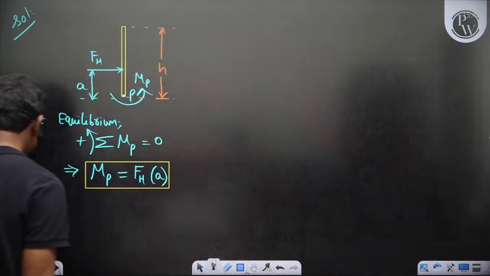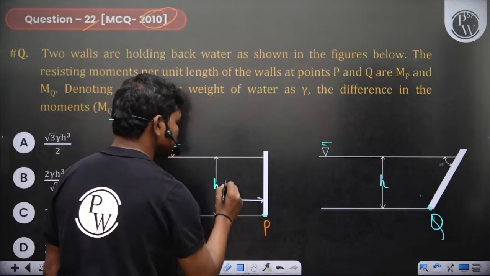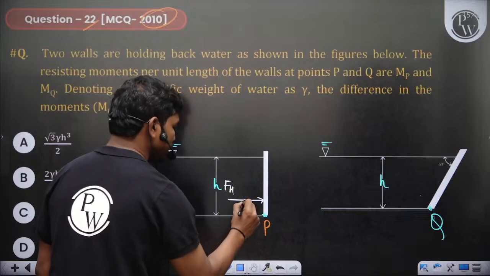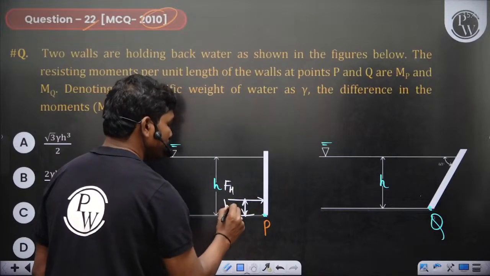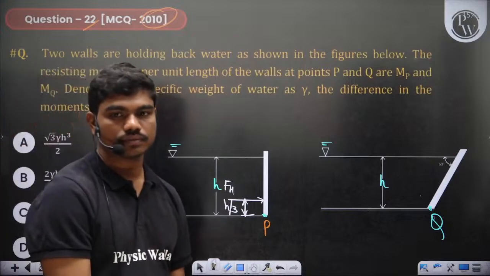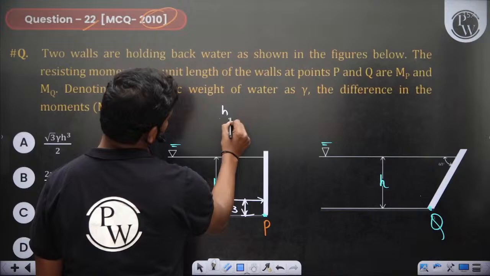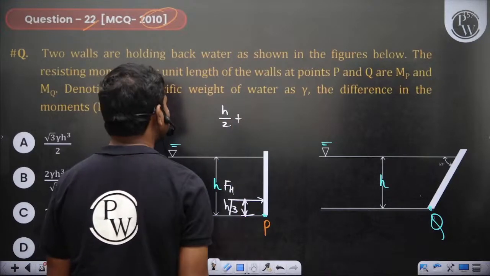So clearly, if this is h, then the hydrostatic force acts at a line being h by 3, correct? Yes or no? Correct. Now, h bar, which is h by 2, plus I_xx.